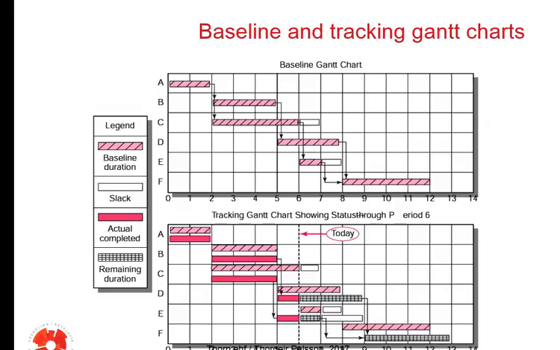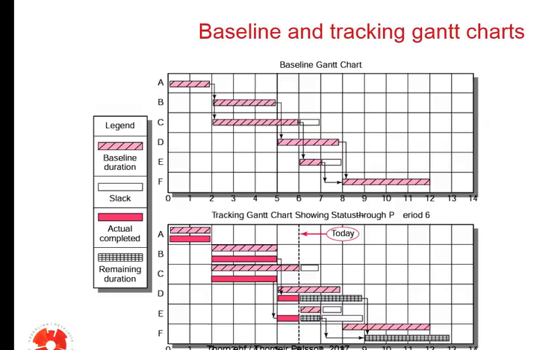According to the plan, we were supposed to do this in 12 time units. But obviously, we are delaying. We are behind schedule, because the new plan tells us that activity F will actually not be finished until the end of time unit 12 or the beginning of time unit 13.